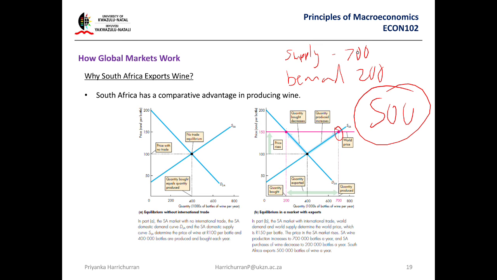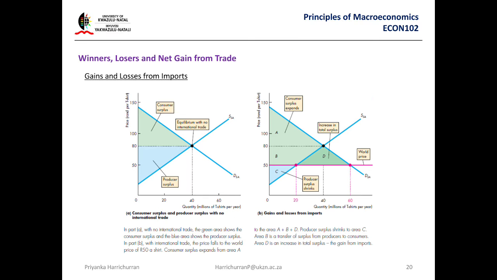So obviously you supplied more, so you supplied 500 at the end of the day. So if you supplied 500, that means you exported 500, which gives South Africa a comparative advantage. So South Africa wins over here because you exported more than you imported. Supplied more to other countries, you exported. So over here 500 will be this figure from here to here. 500 you exported, and that's how you read this number. Definitely. So that's how you work these graphs out.